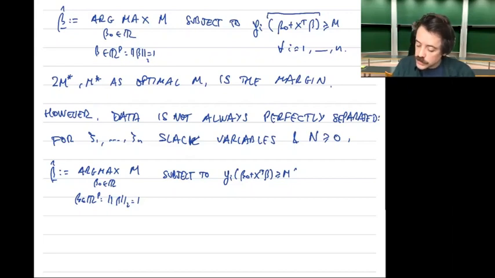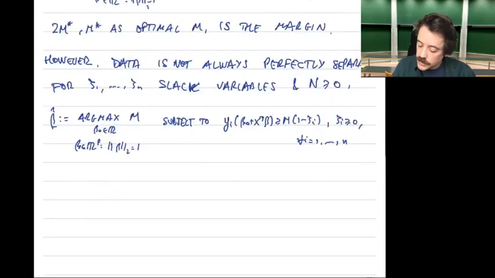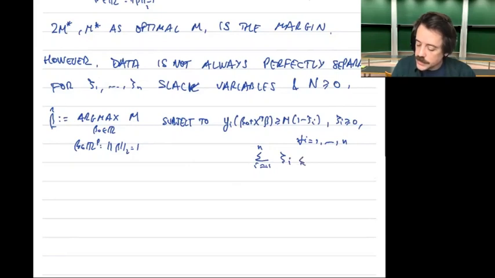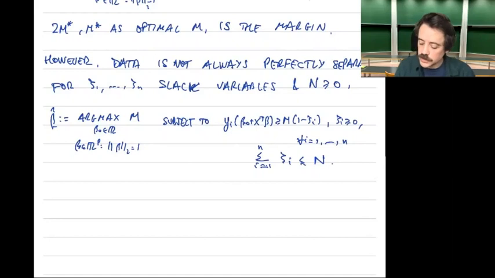And these conditions are for i equal 1 to n. And then the extra condition that we make is that the sum of the xi's is less than or equal to capital N. Okay, so it's all that set of conditions that is subject to the optimization problem.